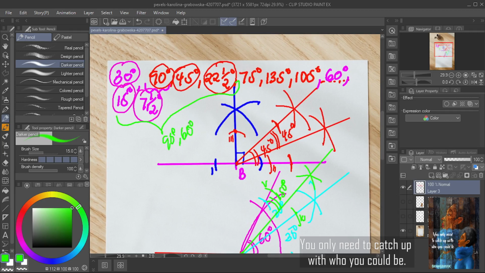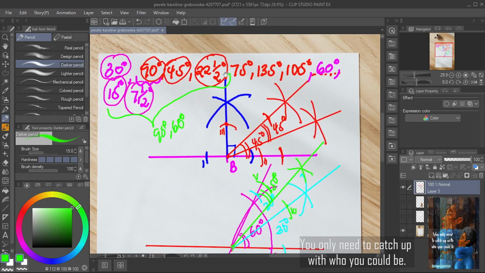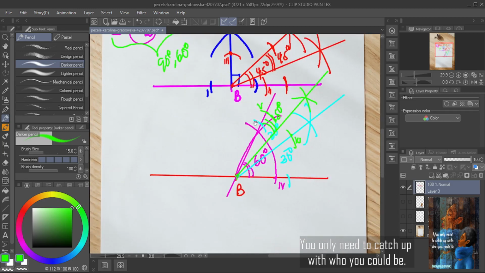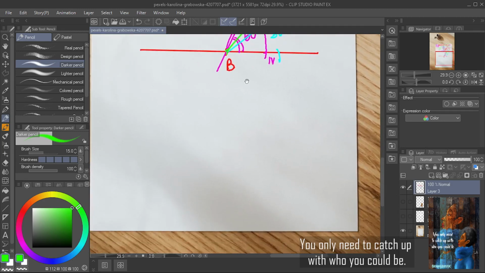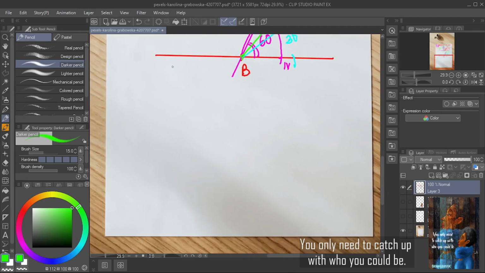But then we have other angles of which to get them we need to combine the derivatives of 90 and 60. For example, if I want to construct 75 degrees, I'll construct first of all the 90 standing at point B, that way and that way.